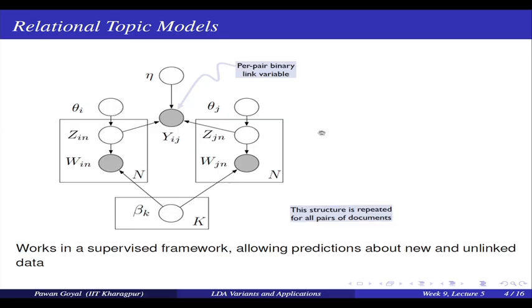They have theta i and theta j variables. So, what we are modeling, given the z in and z jn, their individual topic probabilities, whether they will link to each other. So, per pair there is a binary link variable, and this is analogous to what we did in the case of supervised topic models, which is eta times this into this, okay, plus some variance. And so, this can also allow prediction about new and unlinked data.